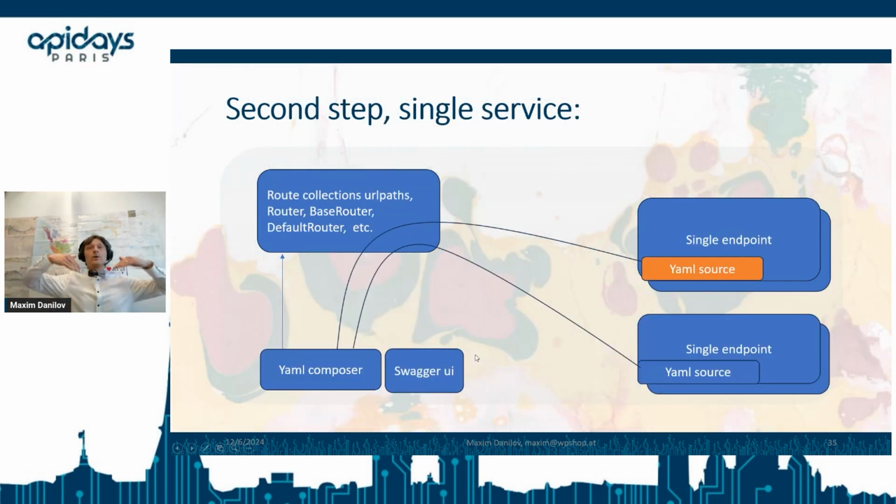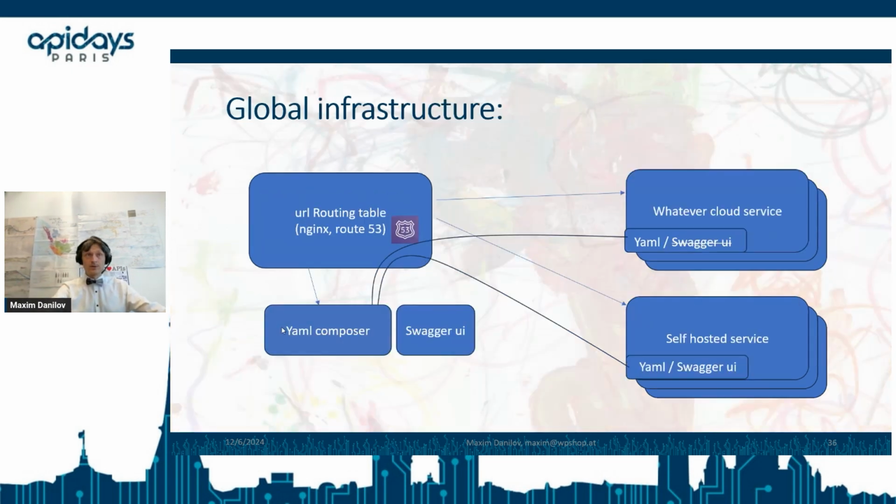If I go higher on the single service, which collected some URLs, one URL or some routes, in this case we have the standard YAML composer, which collected small YAML files from single entry points.